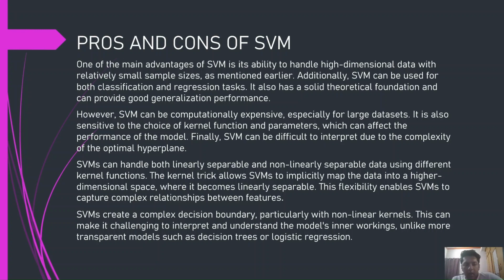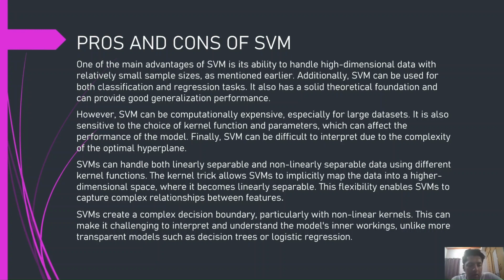SVMs can handle both linearly separable and non-linearly separable data using different kernel functions. The kernel trick allows SVMs to implicitly map the data into a higher dimensional space where it becomes linearly separable. This flexibility enables SVM to capture complex relationships between features.